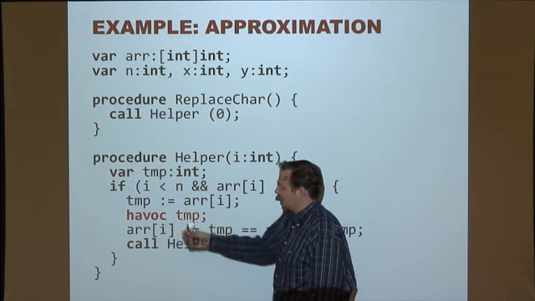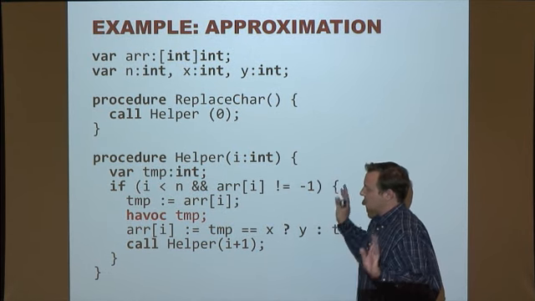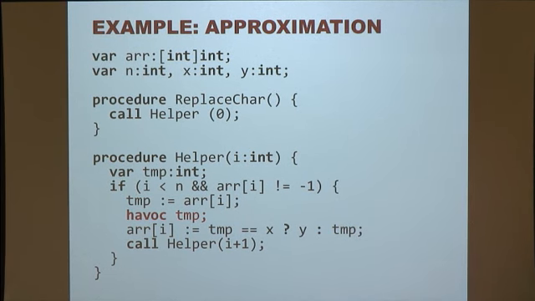This is the havoc that introduces approximation. Whatever is read from this array, we completely scramble it. So we have two versions now, one without havoc and one with havoc, and we want to prove that they're control flow equivalent. That's our goal.